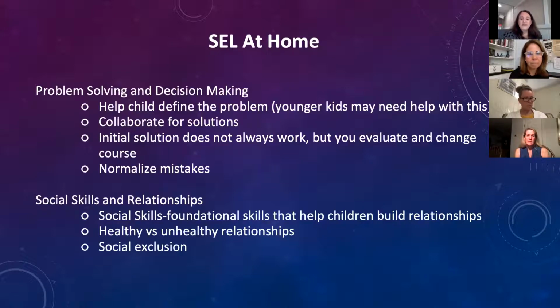And lastly, social skills and relationships. So social skills are critical. It's a critical element in helping kids succeed all around. It's succeeding socially, academically, emotionally, personally. They're skills that help kids join in conversations, and it's not just conversations on the playground or at a family function.